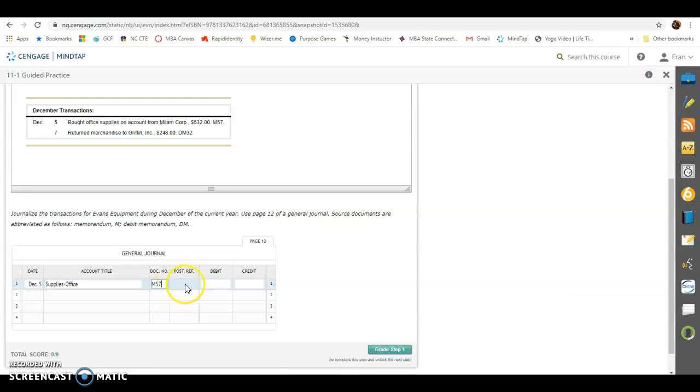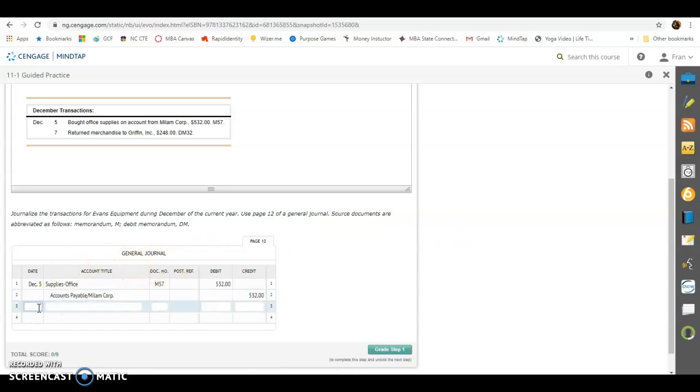M57 was our document number. The amount of money is $532. And accounts payable / Milam Corporation, $532.